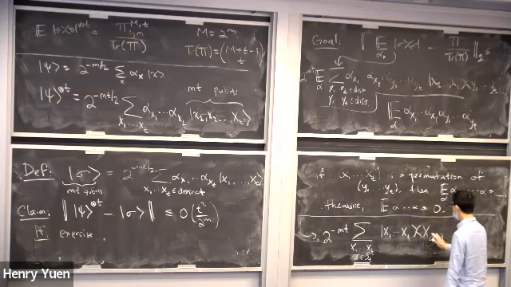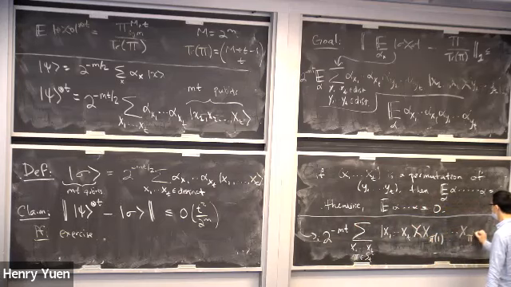And you just have some permutation of these x's. Make sense? Now we're almost there.